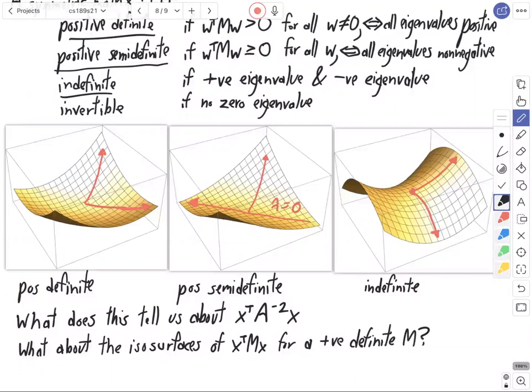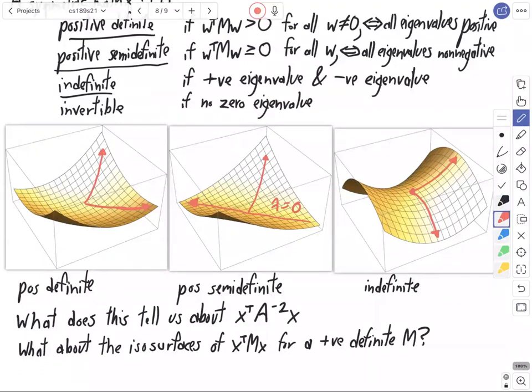Well, the contour plot, of course, of M's quadratic form will have ellipsoidal isosurfaces whose radii are determined by the eigenvalues of M to the minus 1/2.